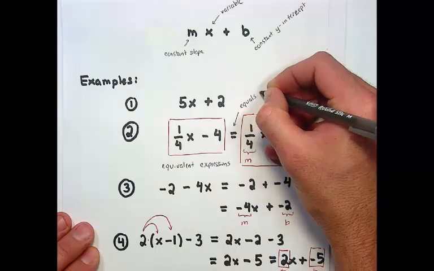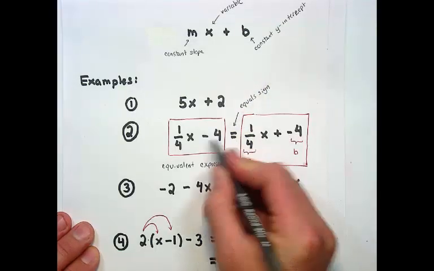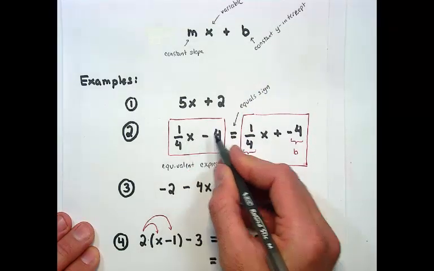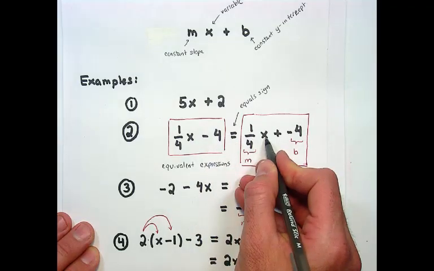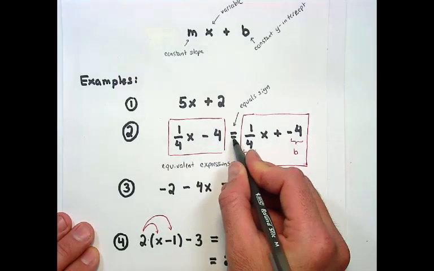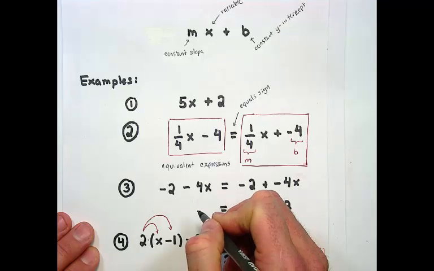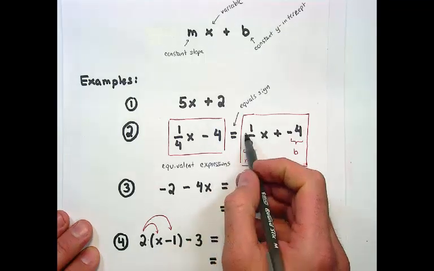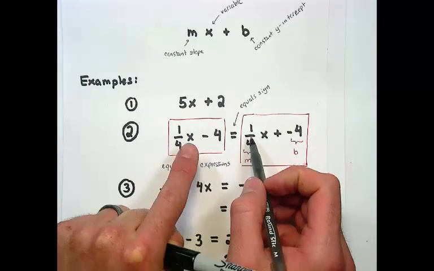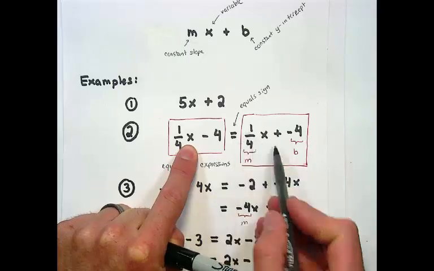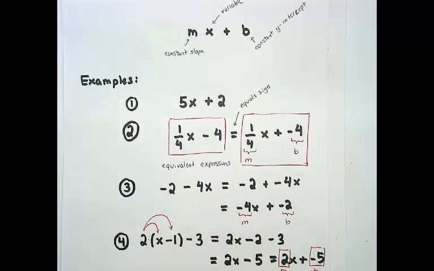So on the left of the equal sign, we have an expression. On the right of the equal sign, we have an expression. Once we drop that equal sign in, the entire thing is called an equation. That equation tells us, hey, the expression on the left-hand side is equivalent to the expression on the right-hand side.